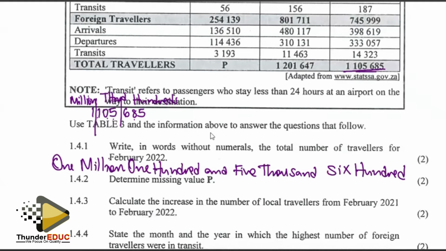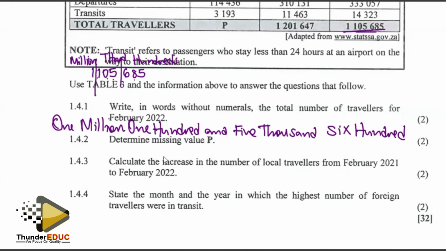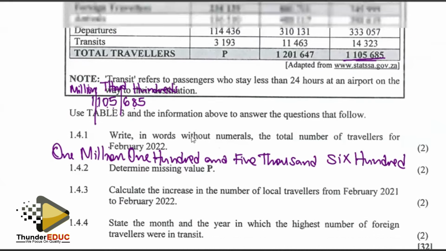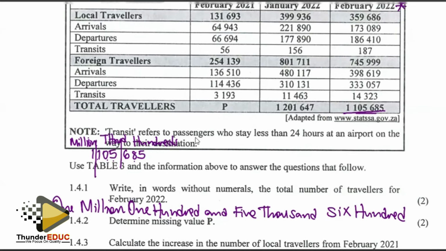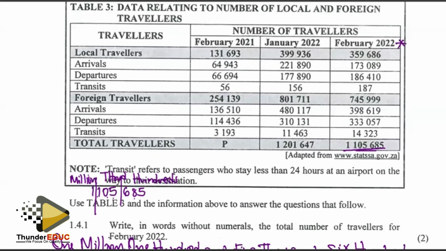Now, they want us to find the value of P, which is question number 1.4.2. Determine the missing value of P. Now, the missing value of P is the total number of travelers. When you look at these numbers on top here, this number plus this number should give you this.